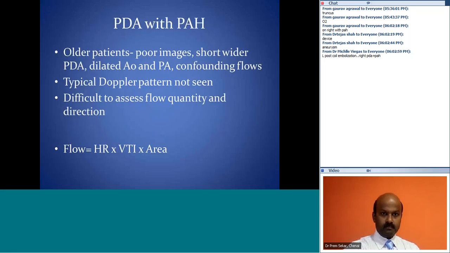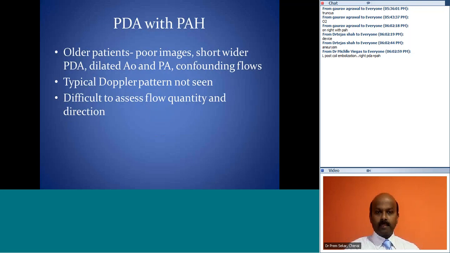Now, in an adult with a large patent ductus arteriosus or an older child with PDA, the pulmonary hypertension prevents the left to right shunt, and echocardiographically you may not have a quantifiable shunt which could be demonstrable, with the result that you may not appreciate the presence of a PDA by echocardiography.